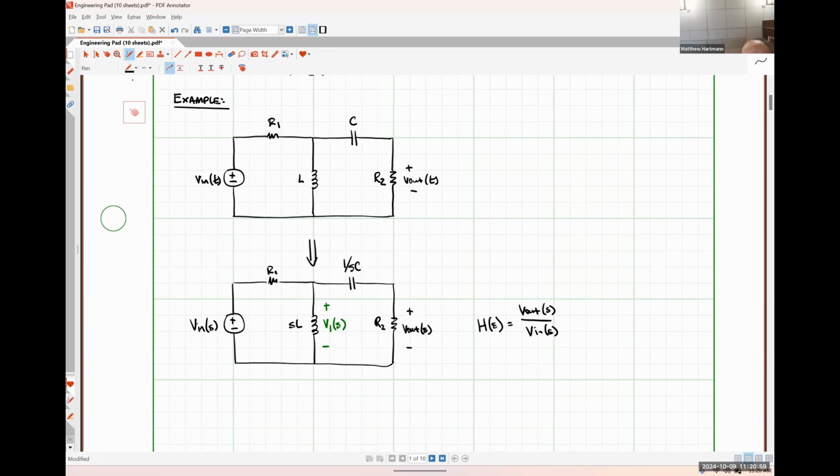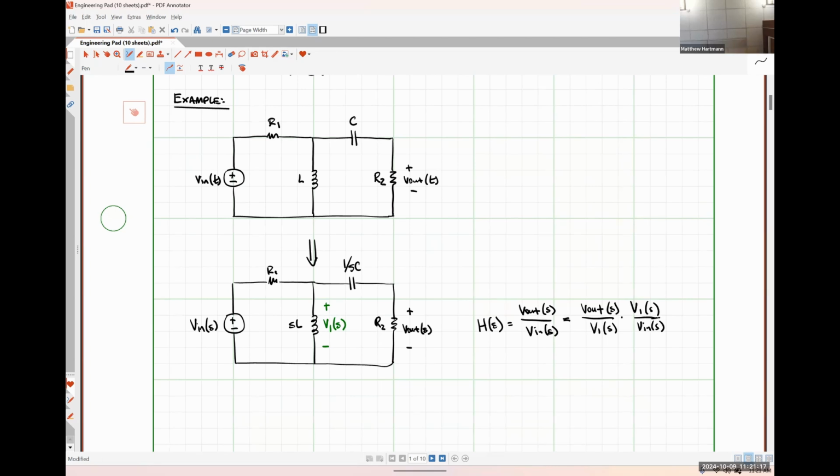So Vout over Vin could be broken down into Vout over V1 multiplied by V1 over Vin.